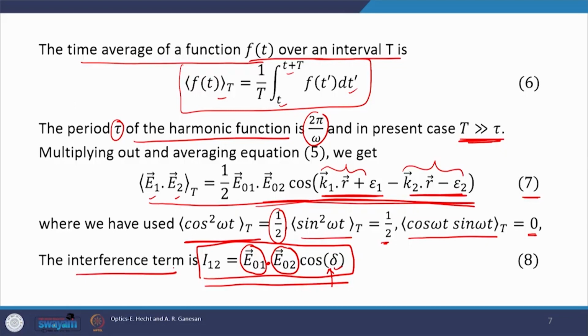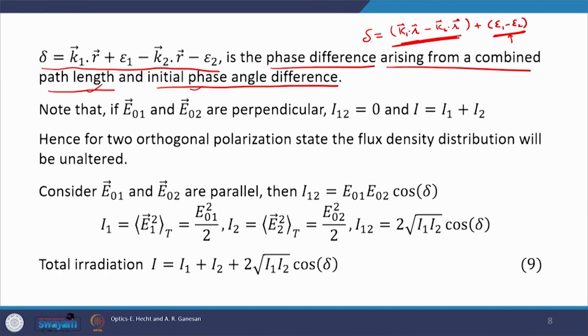Now, let us consider a special case. What is this special case? If vector E naught 1 and vector E naught 2 are oriented at 90 degrees, then what would be the interference term? If they are perpendicular, then what will be the dot product?